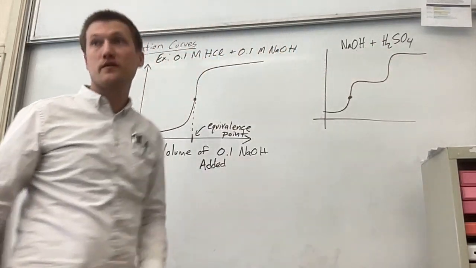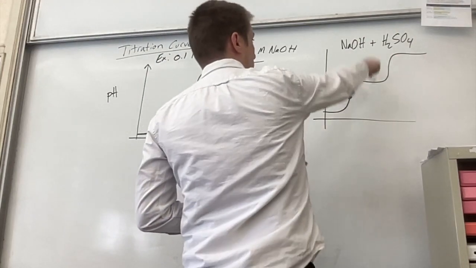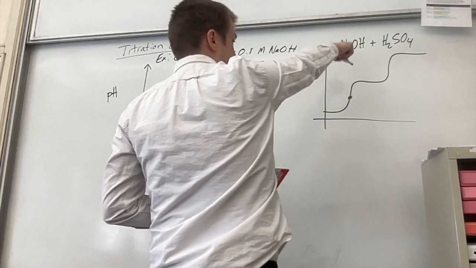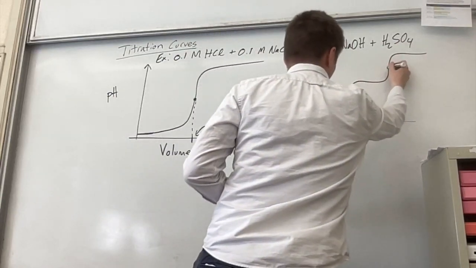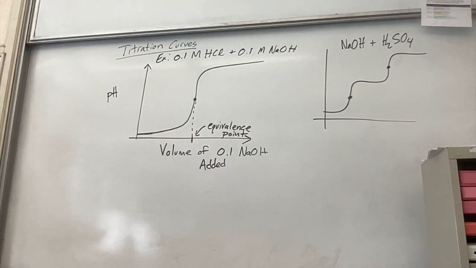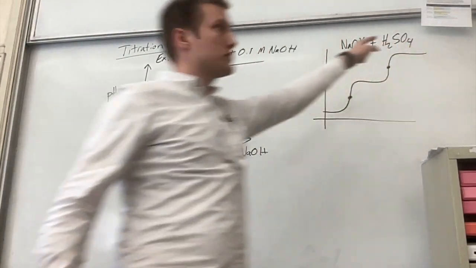One of them will come off more easily than the other one. So at this point, all of the first protons in the H2 have been neutralized. And then at that point, the second bunch of protons have been neutralized by the NaOH. And after that, you're just adding excess NaOH, so you get high pH.